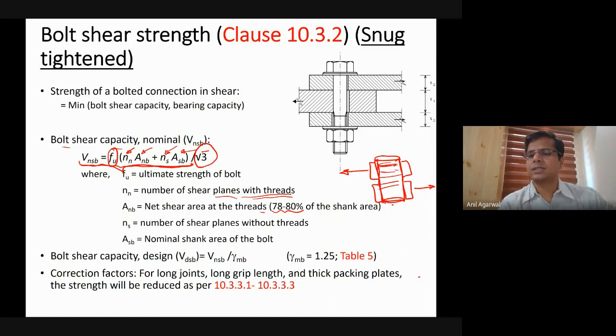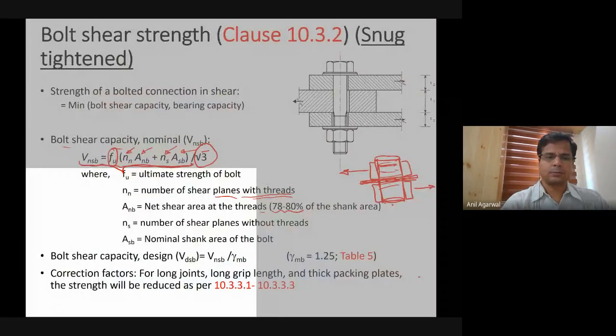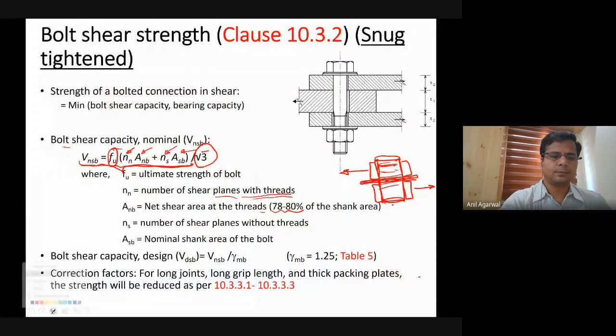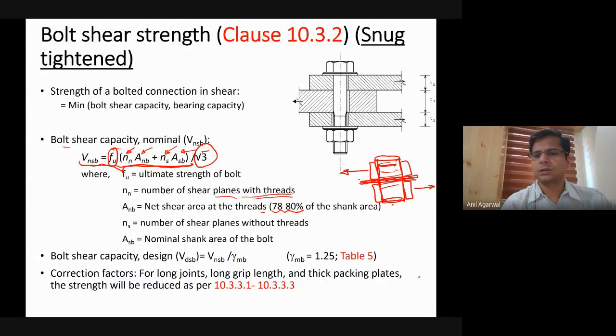So as a result, what is happening? You are confining the damage zone to a very, very narrow band. Your damage zone is confined to this narrow band, right?